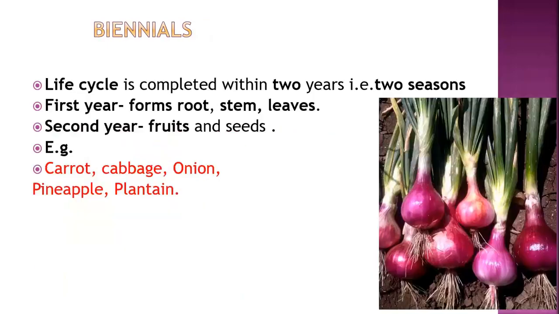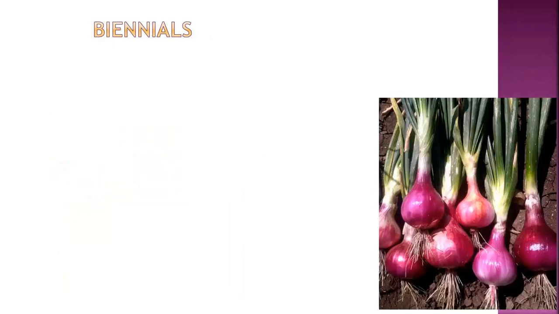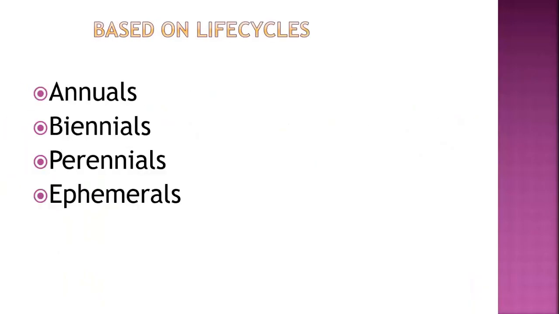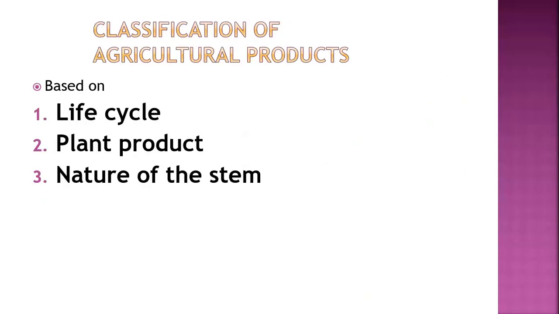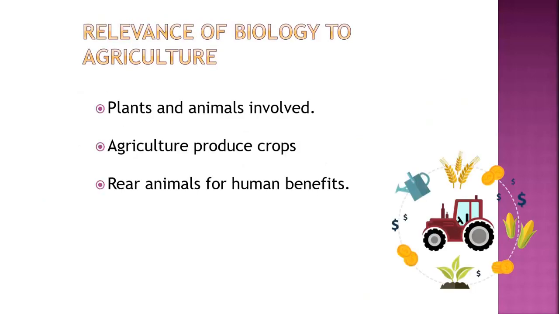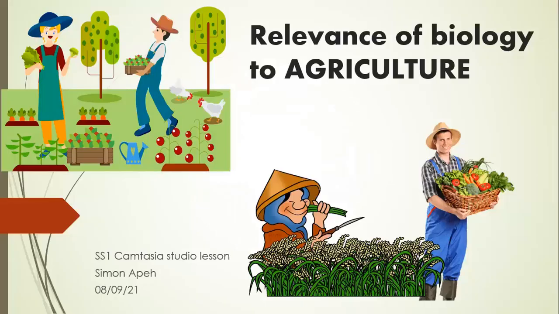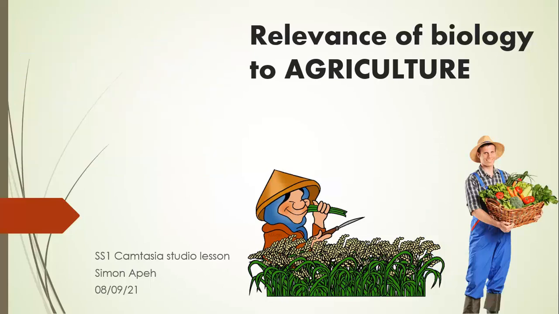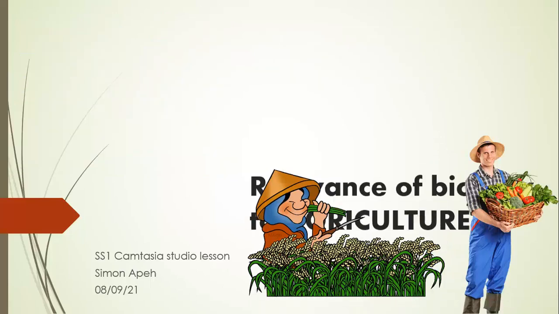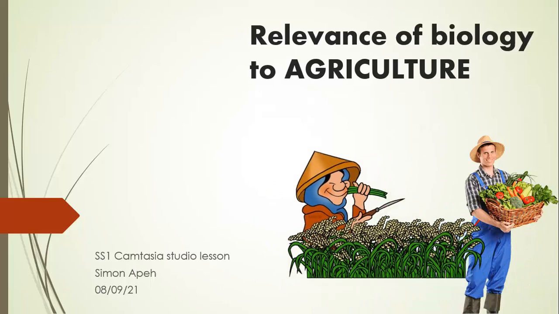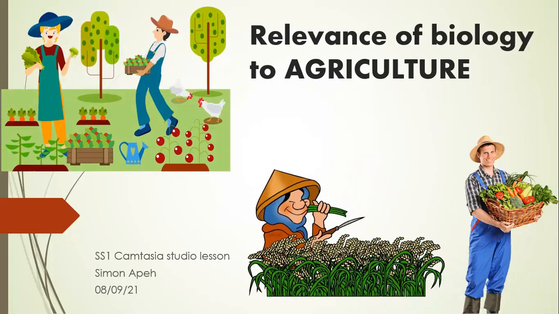Based on the lesson we have done today, I believe we now know that our plants are classified based on the agricultural products. So what lesson is there? We now have learned that there is great relevance of biology to agriculture when we talk about the way agricultural products are produced.